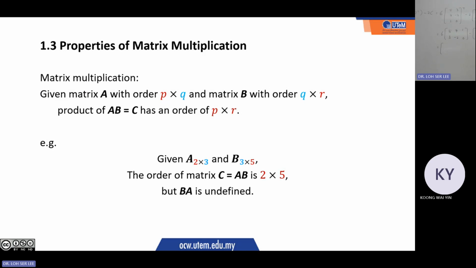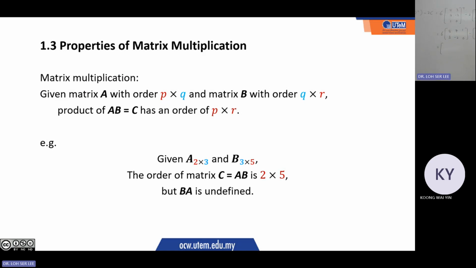For example, let's say now we want to find AB, A times B. The matrix A has an order of P by Q and matrix B has an order of Q by R. So for the first matrix, the later value must be the same as the second matrix's first value. For example, here A has an order of 2 by 3.